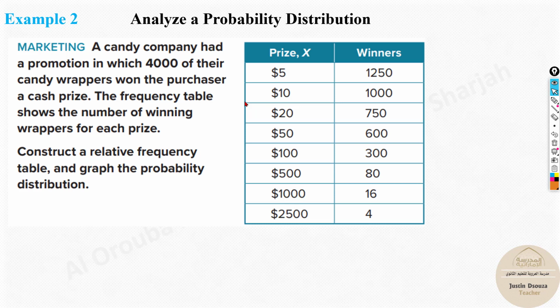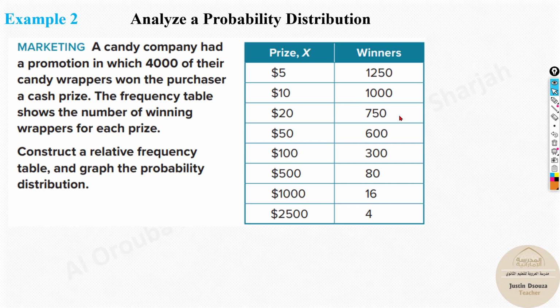The candy company has put these prizes randomly in certain candies. If you're very lucky, if you purchase one or some of the candies, you might have a chance to win $2,500 as well. Whereas you have a very high probability to win $5 because there are a total of 1,250 winners for $5, whereas $2,500 is only 4. So you can see the difference.